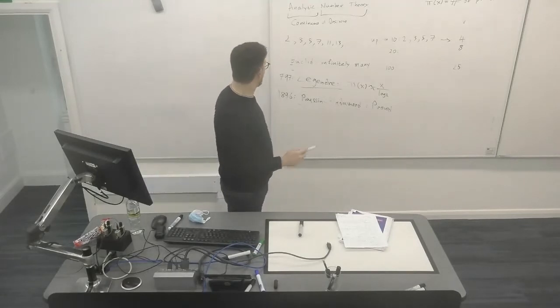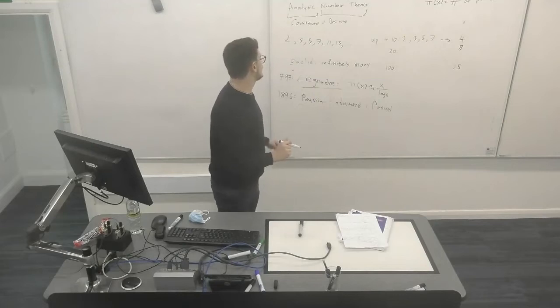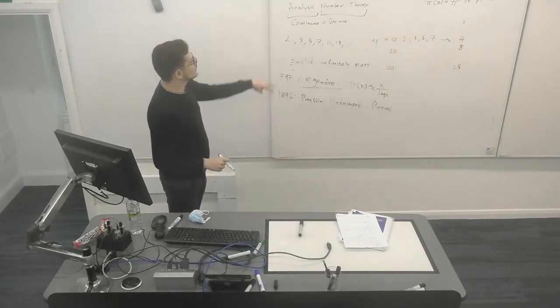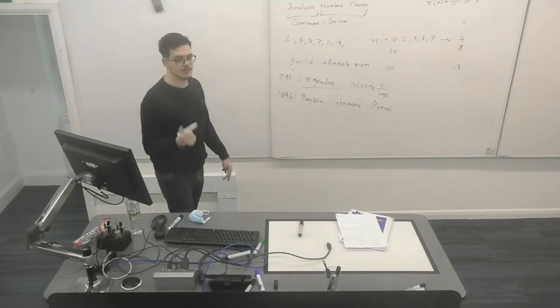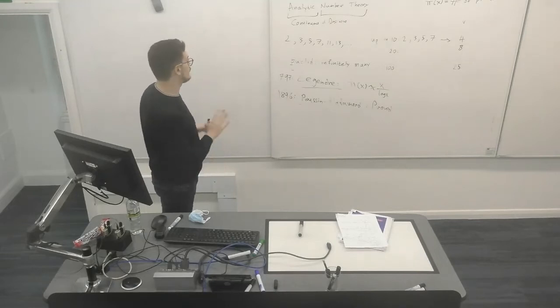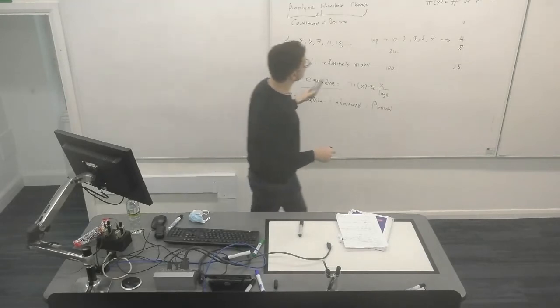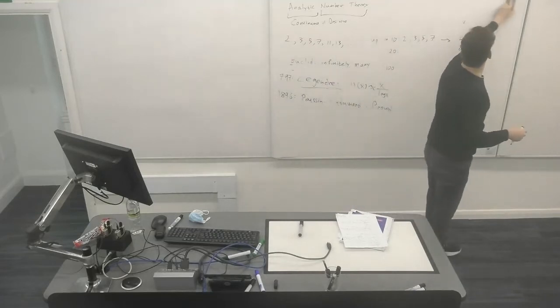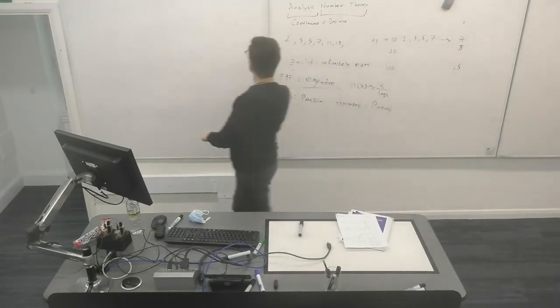What I'm going to do, at least for now, is try to explain to you how those people used analysis in a very natural way to prove this theorem. So I'm going to write this down here.